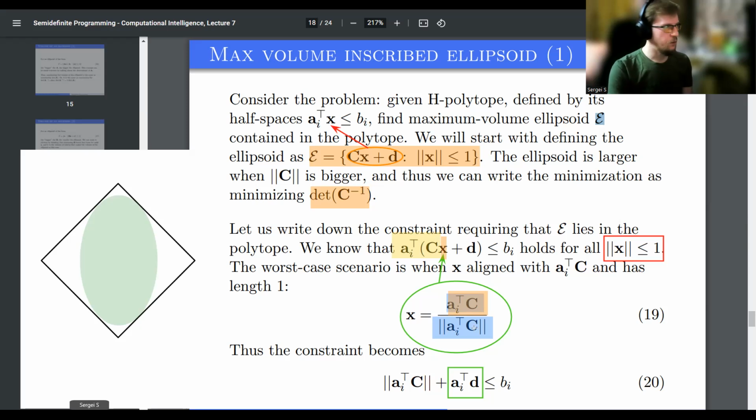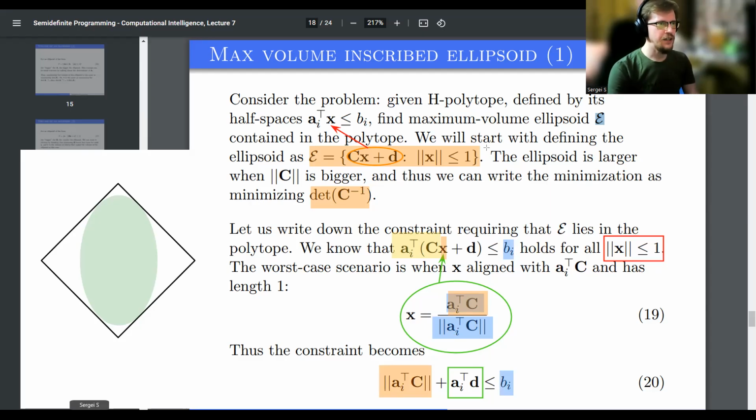And we divide it by the norm, so the square goes away, and what we have is just the norm of A times C. All of it is less than or equal to B. Right. Okay.